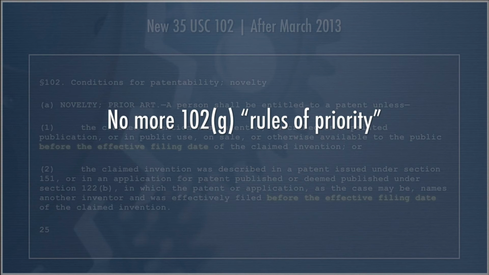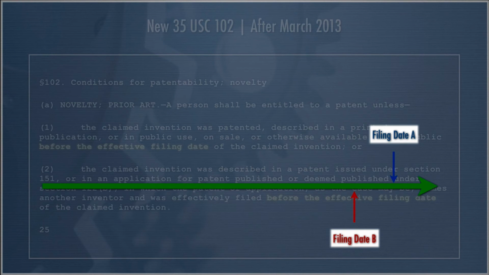It's a pretty easy rule of priority. It's the first one with an effective filing date. Remember, effective filing dates don't necessarily mean the actual date you filed, right? Because you might be able to take advantage of an earlier filed application, either in the US or abroad, that would get you an earlier effective filing date than the actual filing date you have. But in any event, it's all about the filing date now, right?